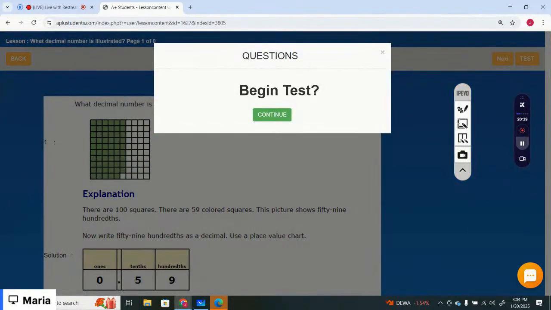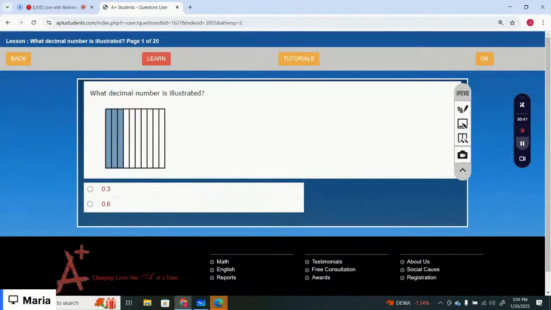Let's start with the test questions. What decimal number is illustrated? The figure has 10 lines and 3 of them are colored. So you can write it as 0.3. Option number 1 is the correct option.